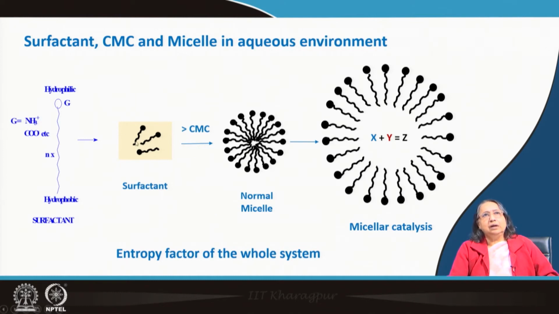But if you increase the concentration and reach the CMC, the critical micelle concentration, in water, then what will happen? These surfactant molecules will arrange themselves in a spherical structure. This is shown in 2 dimensions, but actually it is a 3 dimensional, spherical structure.